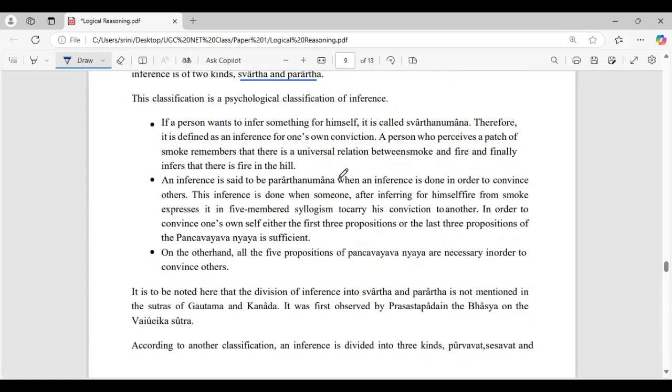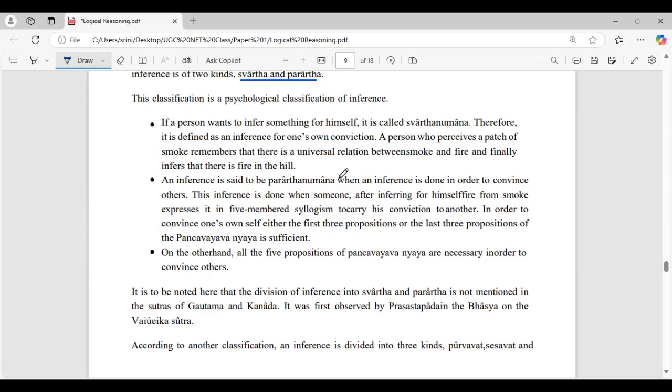If a person infers something for himself, for his own knowledge, it is called Svarthanumana, inference for one's own conviction. The person who perceives a patch of smoke remembers the universal relation between smoke and fire, and finally infers that there is fire on the hill.